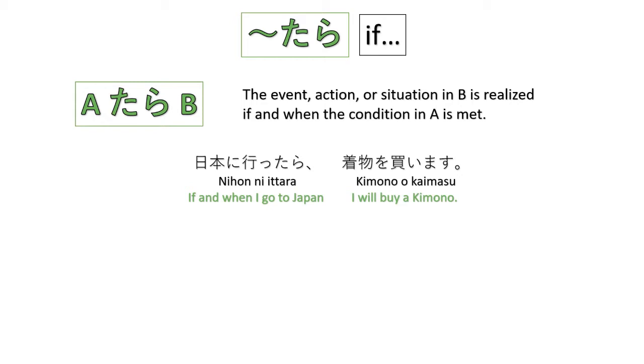So I will buy a kimono once I go to Japan. Okay? Clause A is the conditional situation. I will never buy a kimono without ever setting foot in Japan. So A is the conditional situation.